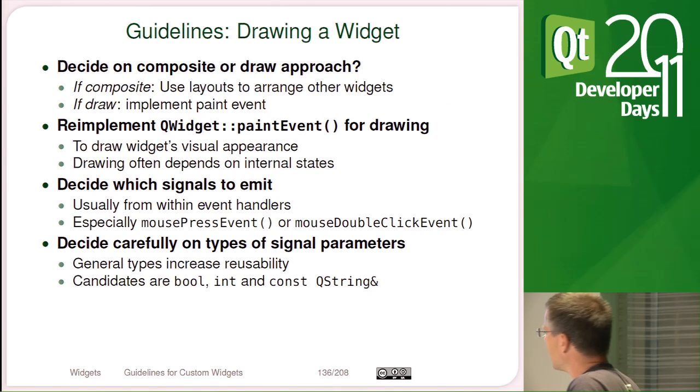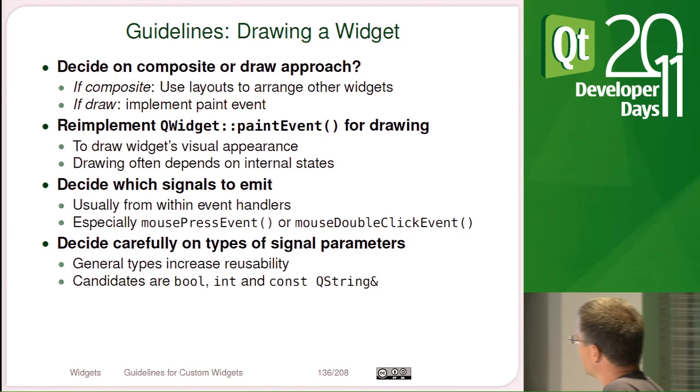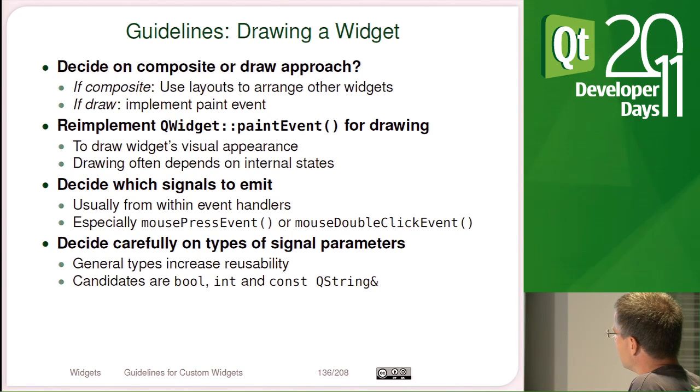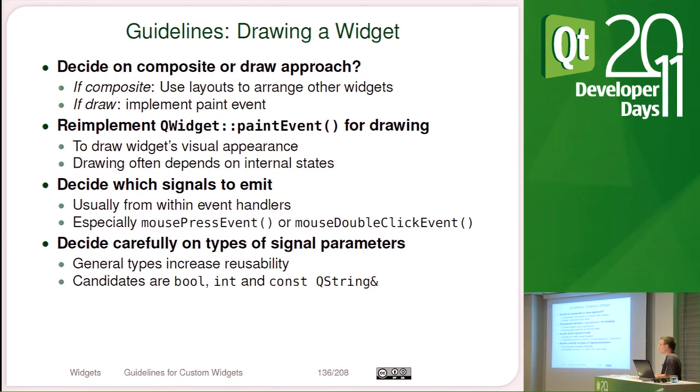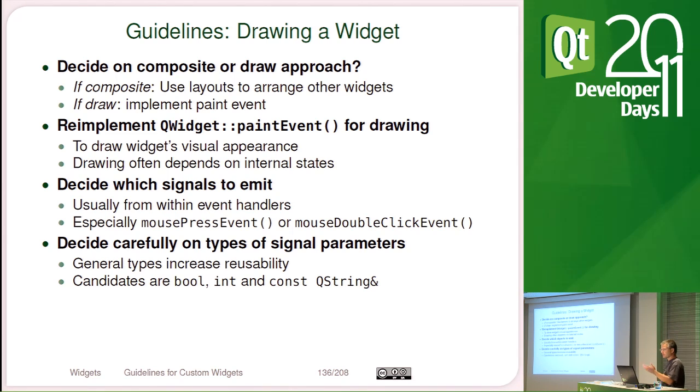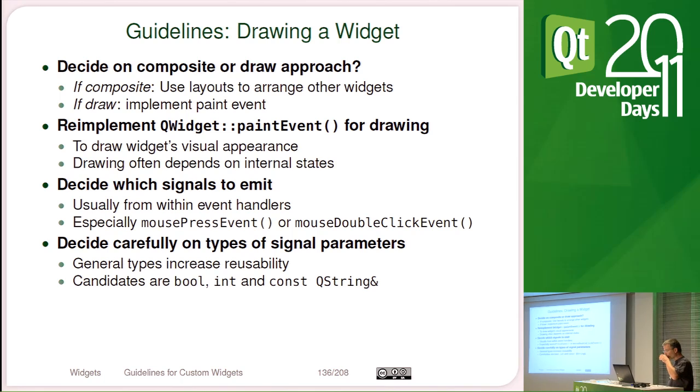Okay, and again, in the guidelines, first of all, think about if you would like to implement a composite widget using some predefined widget and use a layout manager, or if you want to draw everything yourself. When you paint everything yourself, you have to override the paint event.